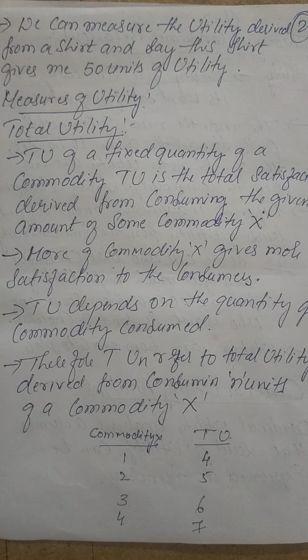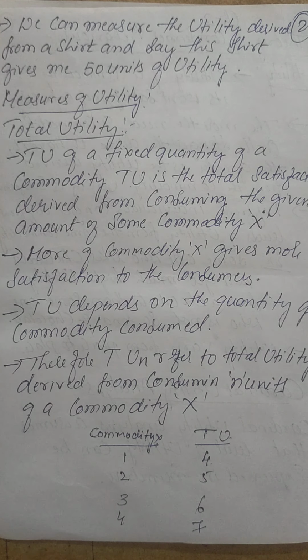Total utility can be calculated through the marginal utility, and marginal utility can be calculated through the change in total utility with respect to change in the level of commodities consumed. Let us see that later on. We'll have a brief look at this and go to marginal utility also.